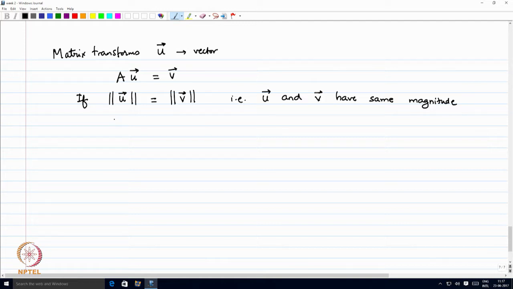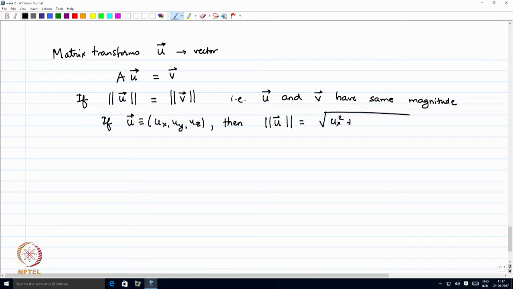Okay, so if U is given by U x, U y, U z, then norm of U is equal to square root of U x square plus U y square plus U z square. So, that is the usual way you take the length of a vector.